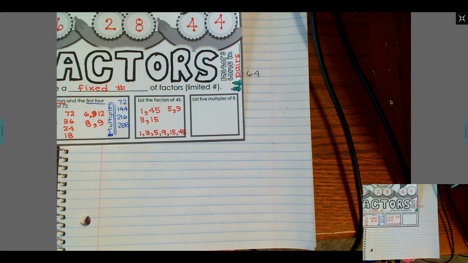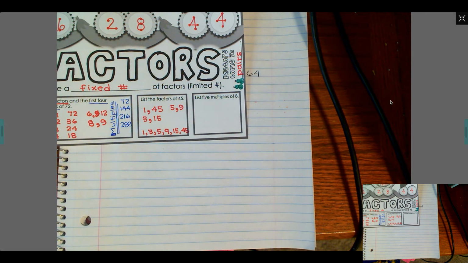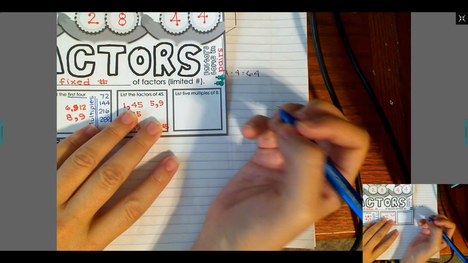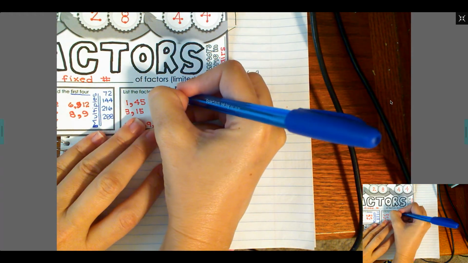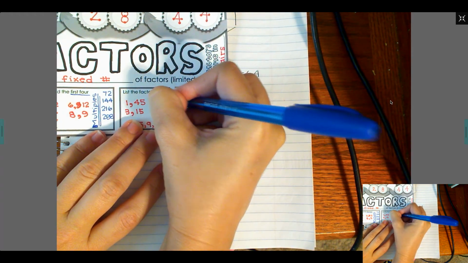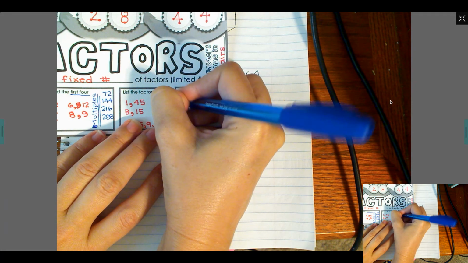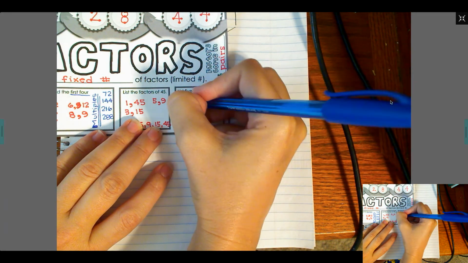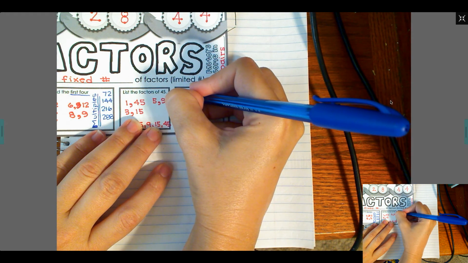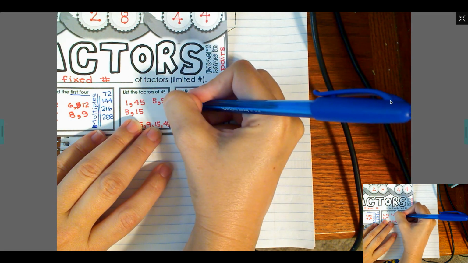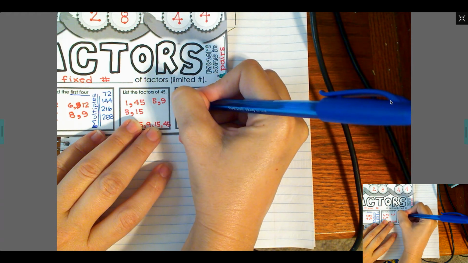And then in this last box, it wants us to list 5 multiples of 8. Notice it doesn't say which 5. It doesn't say the first 5. But I am all about ease. So I'm going to go ahead and do the first 5. So our first 5 are 8, then we have 16, which is the number we've been working with up there.